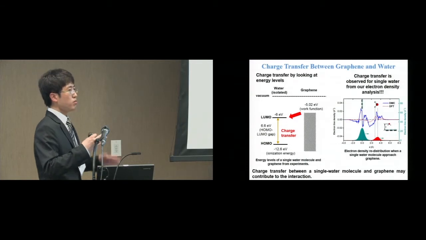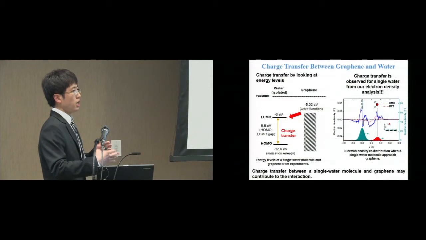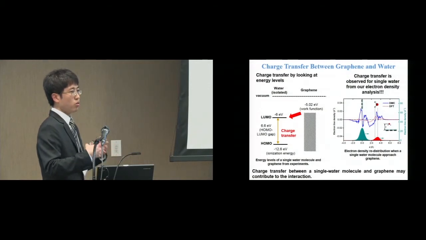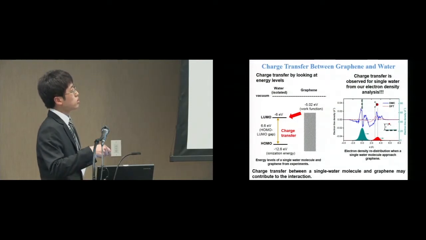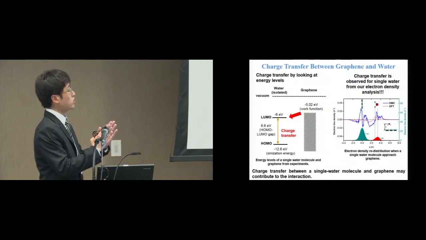Besides binding energy, we can go a little bit further from our calculations. We can understand why the interaction is so strong, and get some more details of how water interacts with the surface. So we consider the electron density distribution when graphene and water come close.